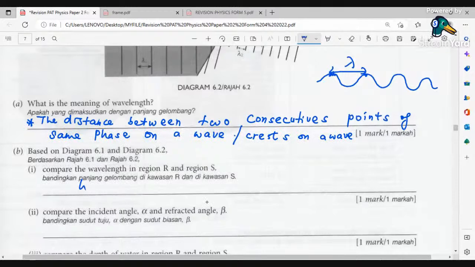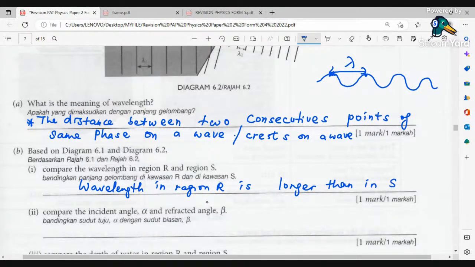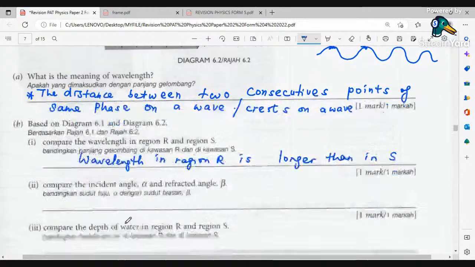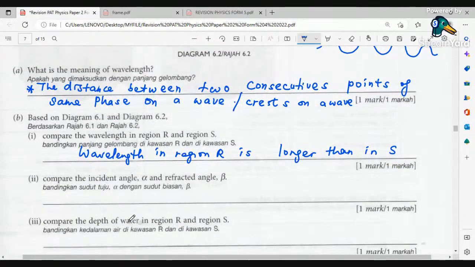So, wavelength in region R is longer than in S. Okay, part 2. Compare incident angle alpha and refracted angle beta.